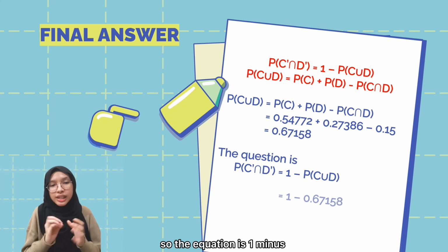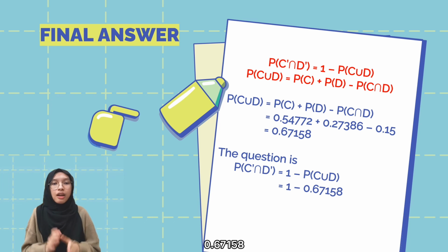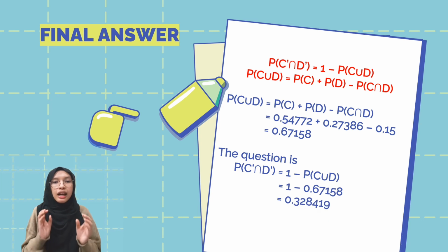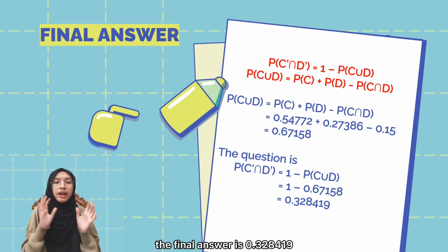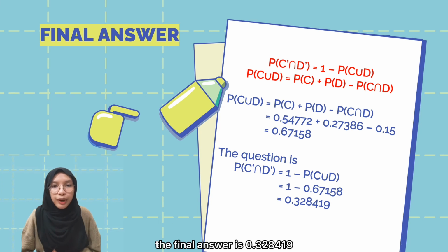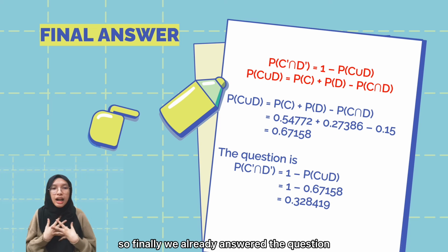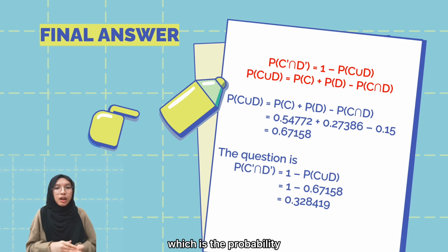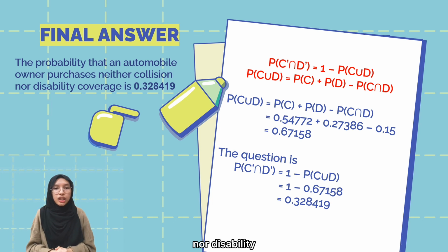So the equation is 1 minus 0.67158, and I can solve the final answer as 0.328419. So finally, we have answered the question: the probability that an automobile owner purchases neither collision nor disability coverage is 0.328419.